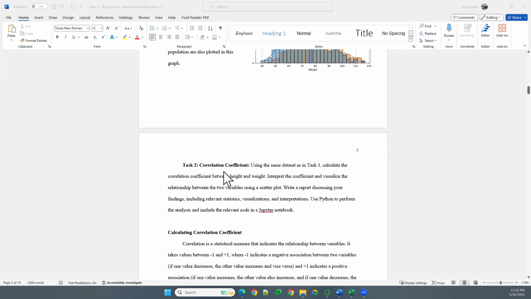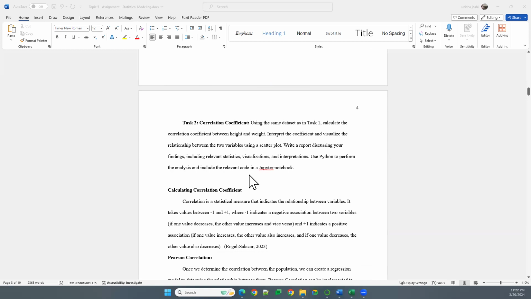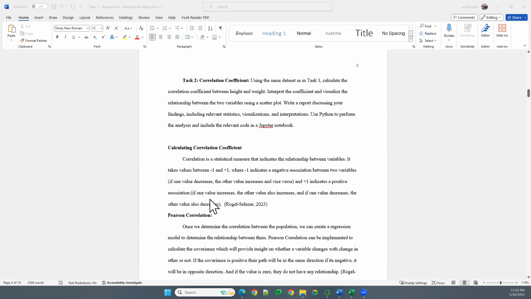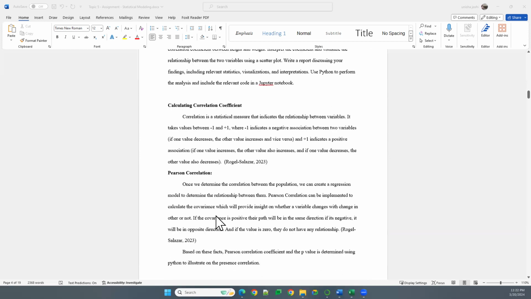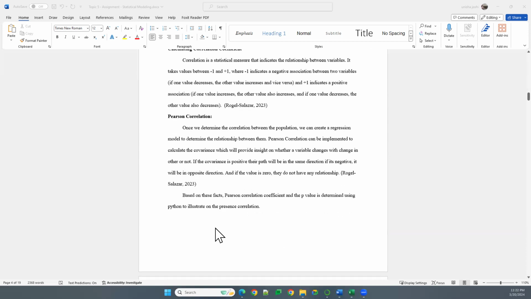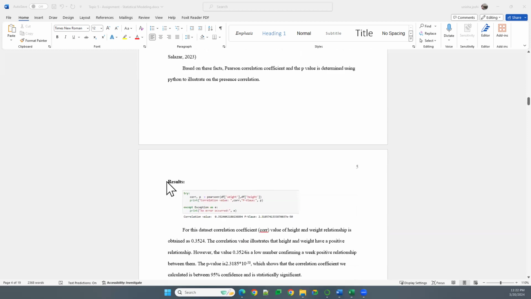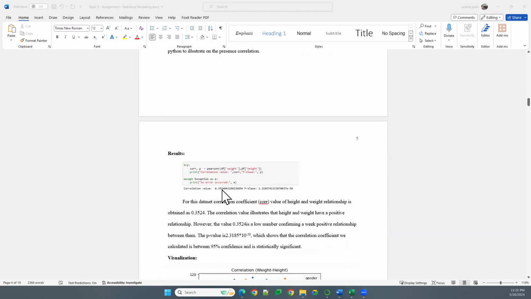And for task 2, the correlation coefficient, firstly I describe the correlation coefficient and the Pearson, and I implemented the Pearson coefficient, so I have explained about it a little as well. I got the result after the Pearson correlation as 0.3524 and the p-value of 2.31 times 10 to the power minus 50.